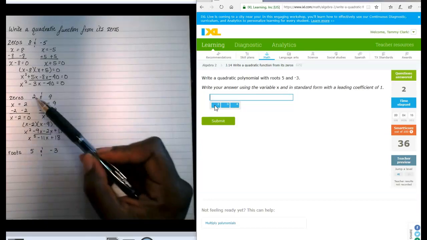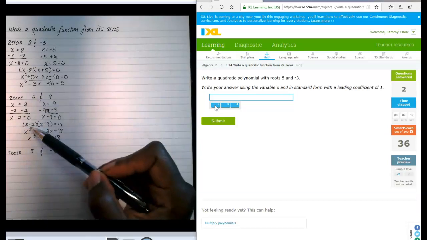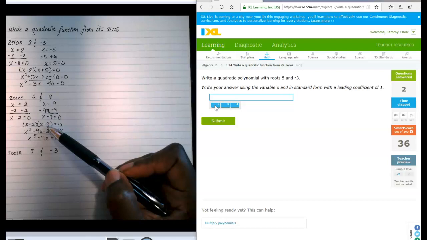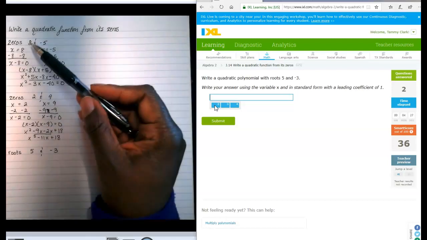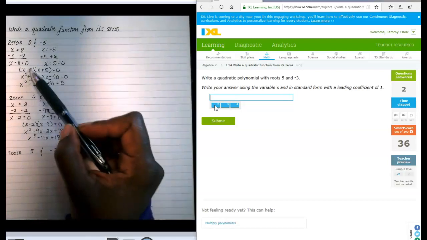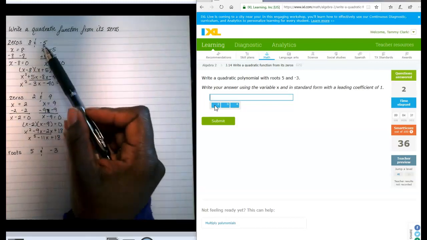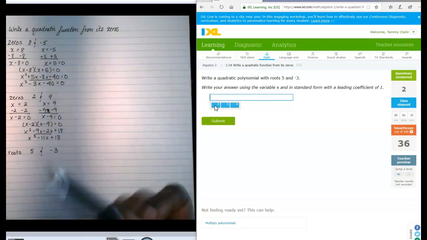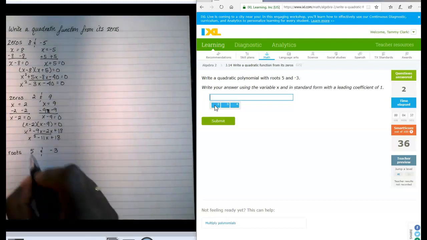Notice here this was positive 2, but when we put it in our factor form, it was negative 2. And here it was positive 9, but it ended up being negative 9. And up here it was 8, but then it ended up being negative 8 within the parentheses. This was negative 5, and it ended up being positive 5.